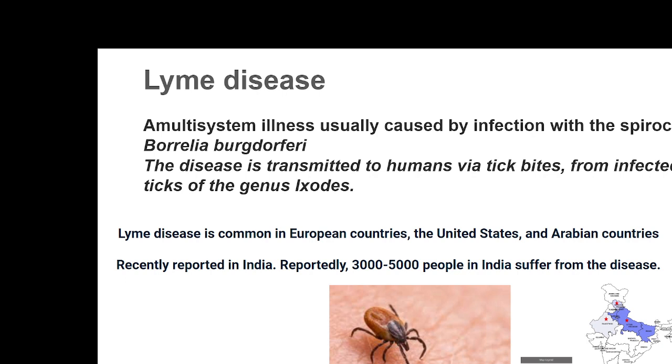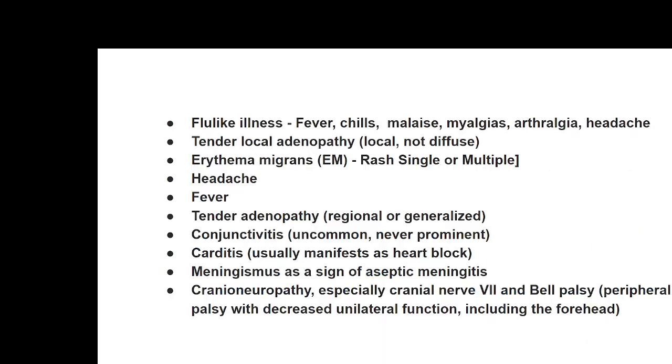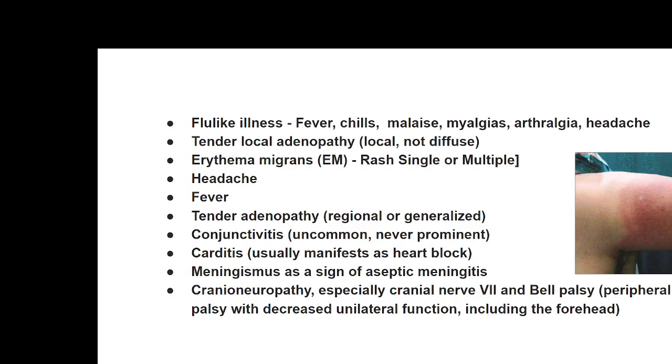Though we have not seen the patient with Lyme disease, ticks are here, and any time a tick may be infected with the infecting organism, and Lyme disease may present, and we may be able to see patients in future. Typically it presents as a multisystem illness due to spirochete infection, Borrelia, and the disease is transmitted to humans via tick bites from infected ticks of the genus Ixodes. Ixodes ticks are common here, but till now it's not reported.